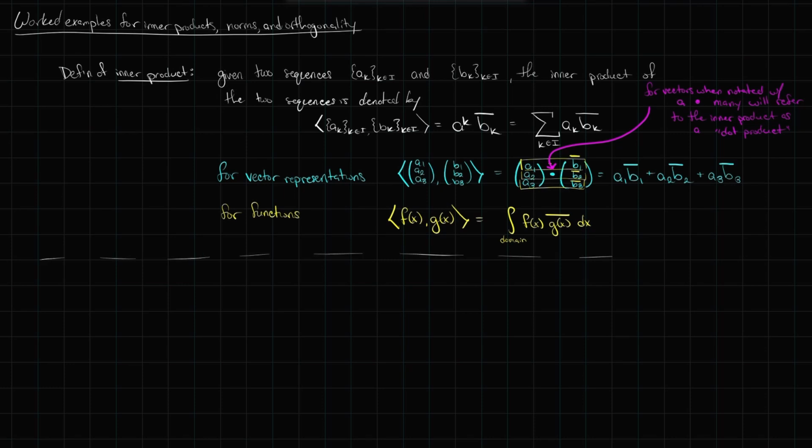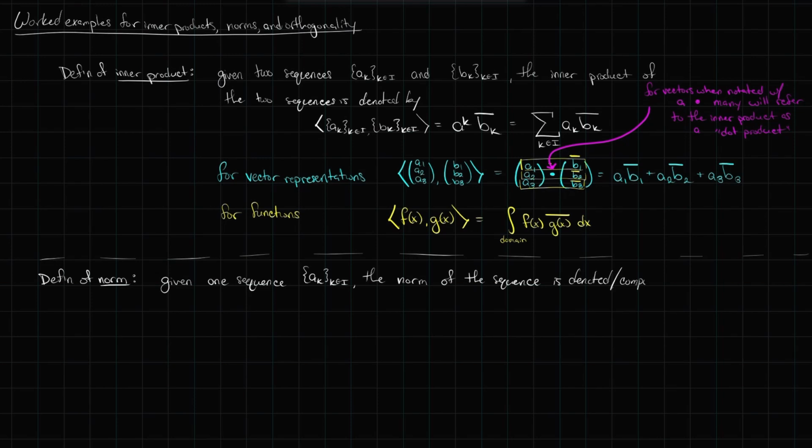Okay, and then let's cover the definition of a norm. So, given really one sequence, let's just say a_k, k in I, the norm of the sequence is denoted and computed by, this is really the definition, we use two strokes, the sequence a_k, k in I, so two strokes, it's equal to the inner product of a_k with itself, and then there's a square root.